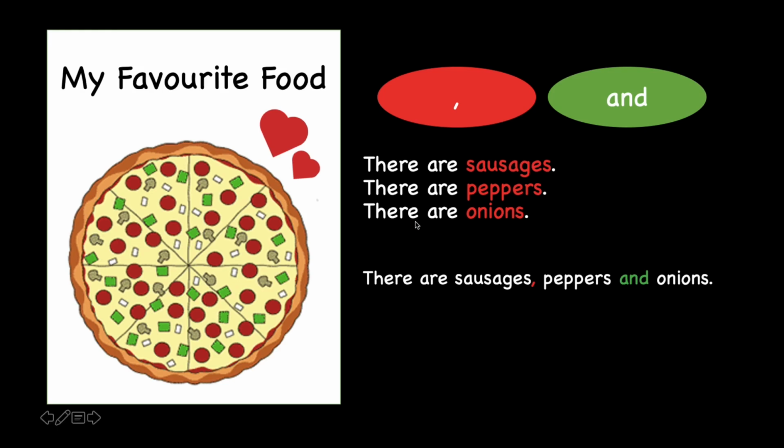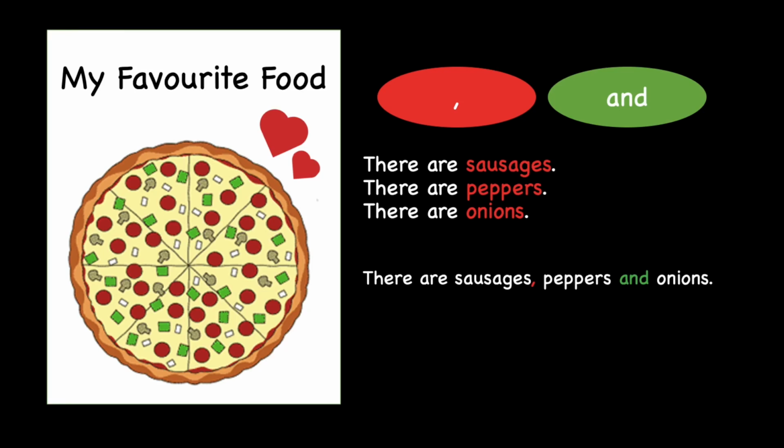So I don't have to write there are 3 times. We use the word and before the last item. This is the last item. We put the and in front of the last item. If we have 4, there are sausages, mushrooms, peppers and onions. We only use and one time.